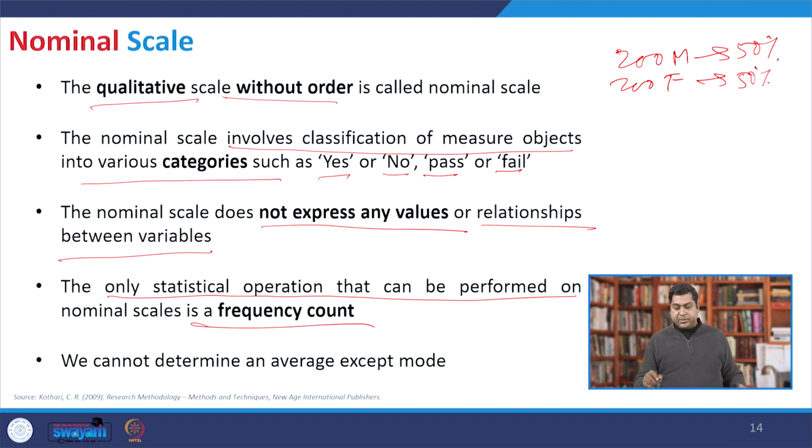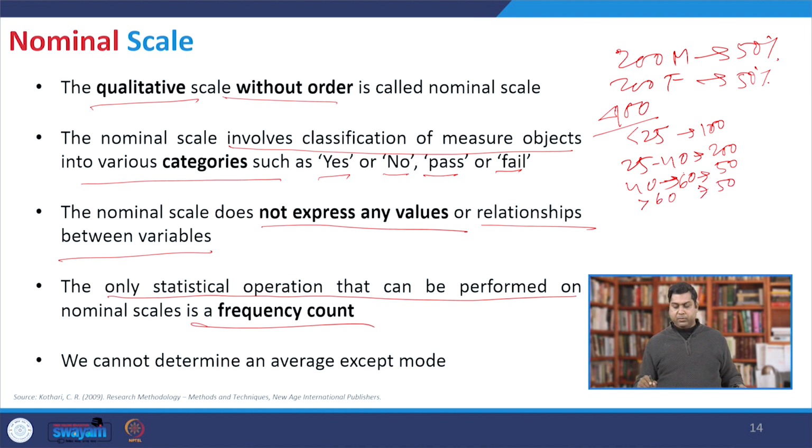In that same survey of 400 samples, you find that less than 25 you have 100 respondents, 25 to 40 you have say 200, then 40 to maybe 60 you have say 50, and above 60 you have 50.